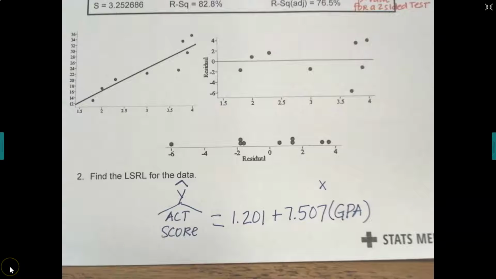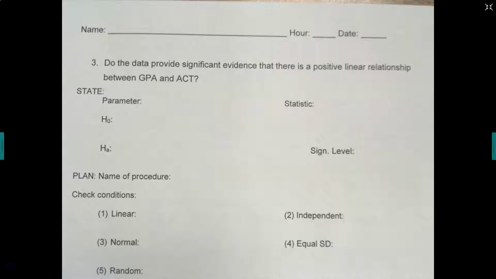Now we're going to take it and start doing the four-step process on the back of this. Do these data provide significant evidence that there's a positive linear relationship between GPA and ACT?